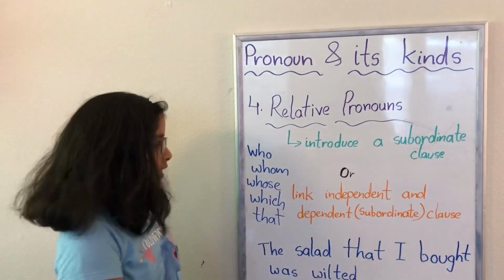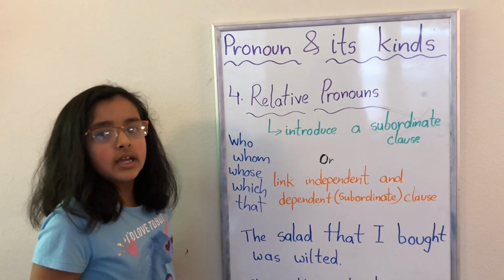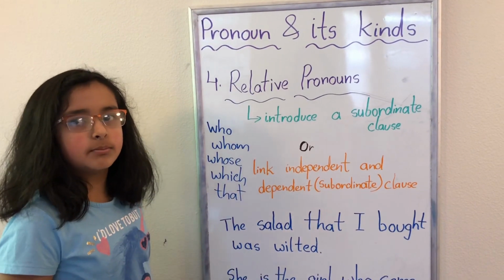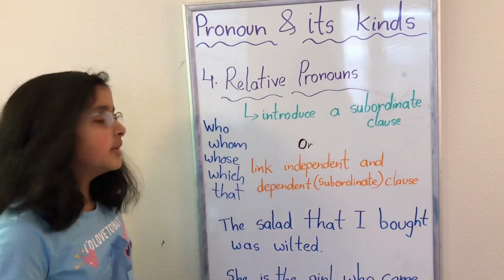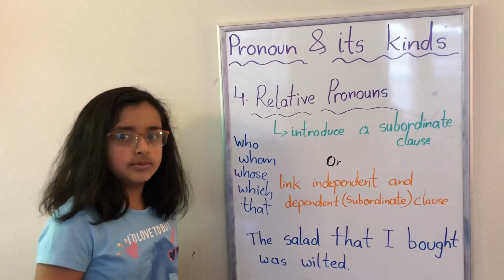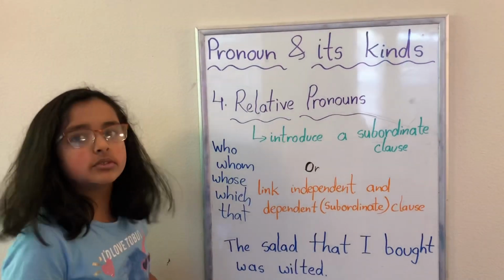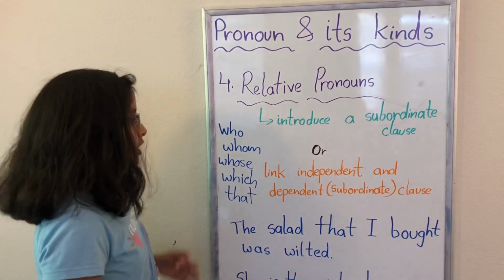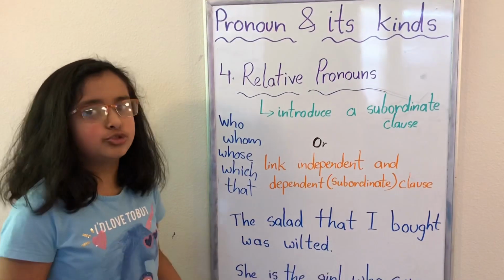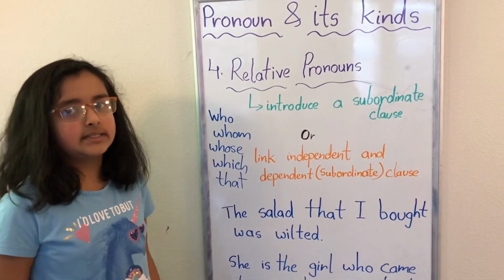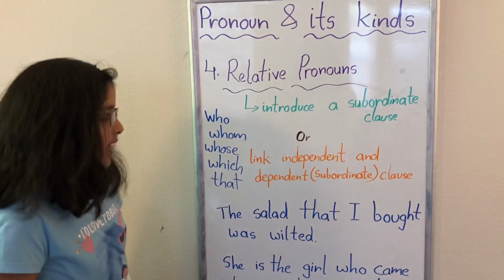You might remember some of these from the interrogative pronouns, but they're used differently, because interrogative pronouns are used to start a question, but relative pronouns are not used for questions. We use them to link independent and dependent clauses together.